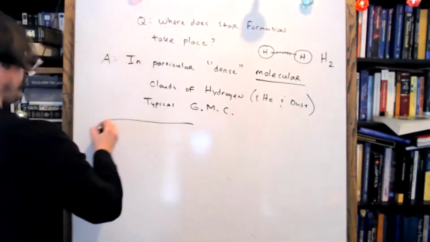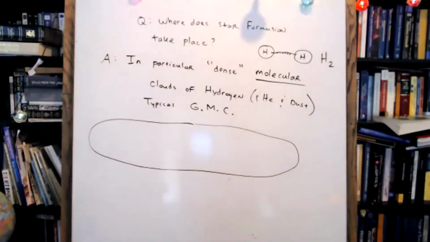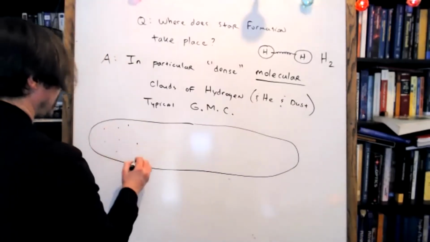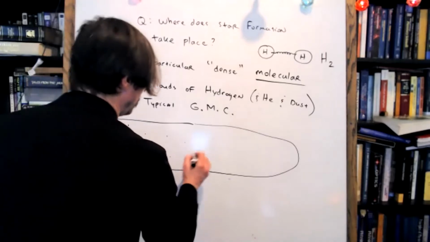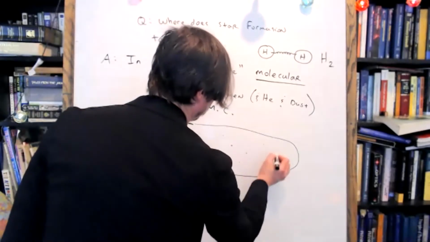Okay, so we'll kind of make this long finger-like structure. First, we'll put molecular gas represented by these dots. And this is basically the structure of the dense cloud itself.